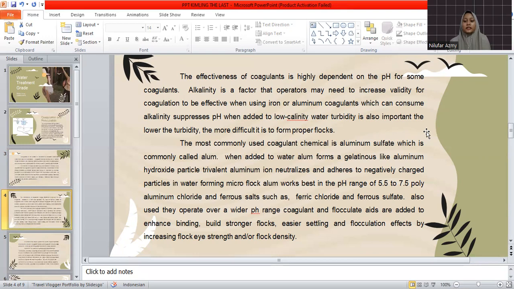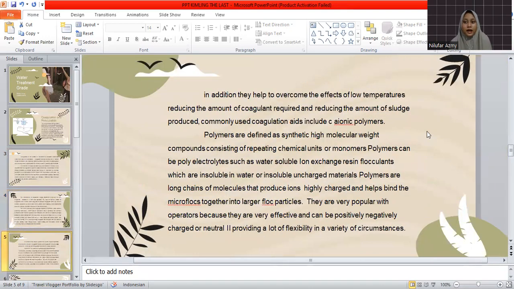Coagulant and flocculant aids are added to enhance binding, for stronger floc, faster settling and flocculation effect by increasing floc strength and or floc density. And then in addition, they help to overcome the effect of low temperature, reducing the amount of coagulant required and reducing the amount of sludge produced.